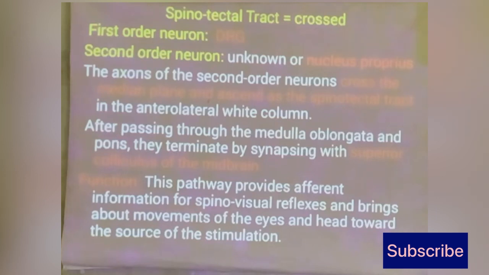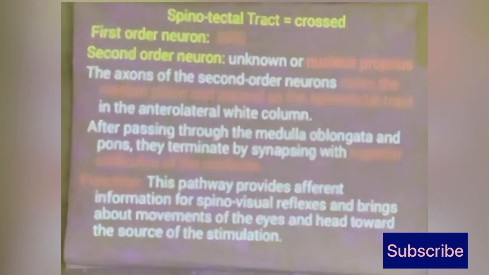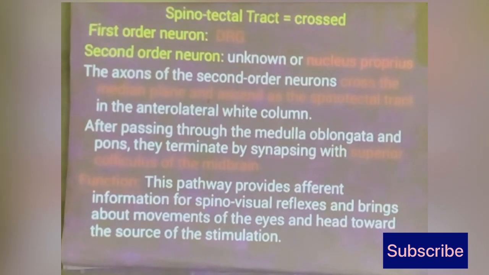The 2 nuclei above are the superior colliculi. Those below are the inferior colliculi. The 4 together are called corpora quadrigemina. Corpora means body in Latin. Quadri means 4 in Latin. So corpora quadrigemina, 4 bodies: 2 superior, 2 inferior, making 4. So we have 2 pairs.